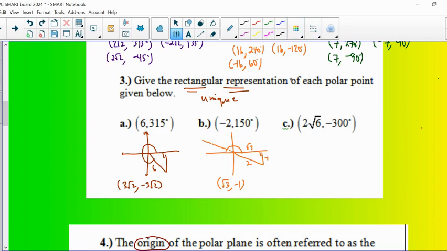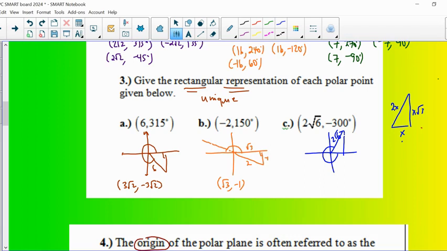Okay, and then our last one, we'll use this nice blue here, negative 300 degrees. So we're at a 60-degree angle up here, and this is a radius of 2 root 6. So we're in a 30, 60, 90 triangle. The ratio of a 30, 60, 90 triangle is x, 2x, x root 3 in this orientation.